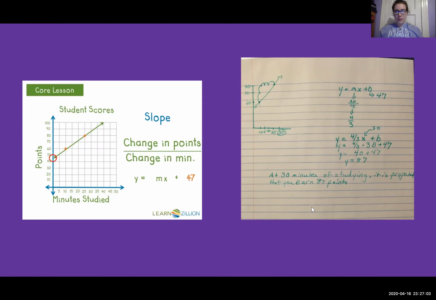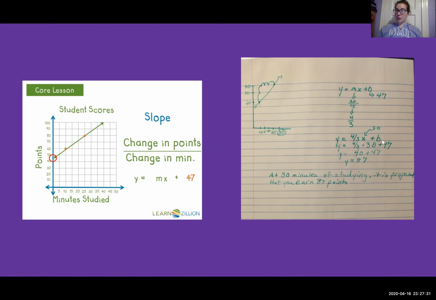So I digress. So now that I know that my output is 87, I can say my prediction. At 30 minutes of studying, it is projected that I can earn 87 points on my exam. So that's how we make predictions. We set up our equation, which we did by finding our slope and our y-intercept.